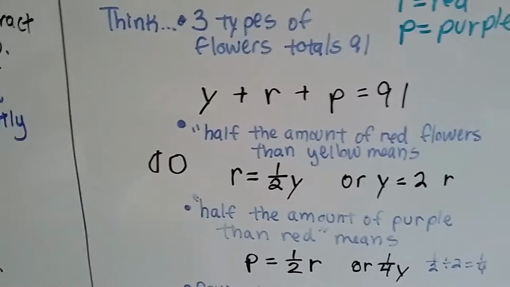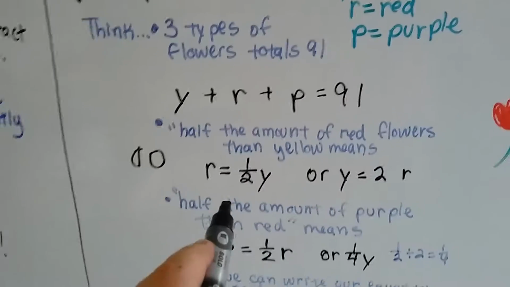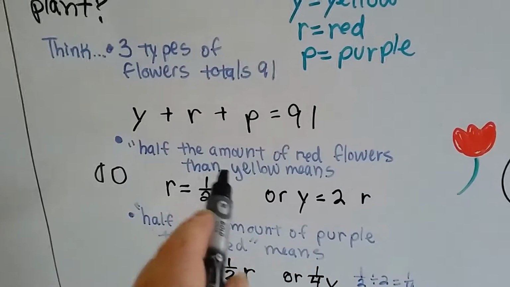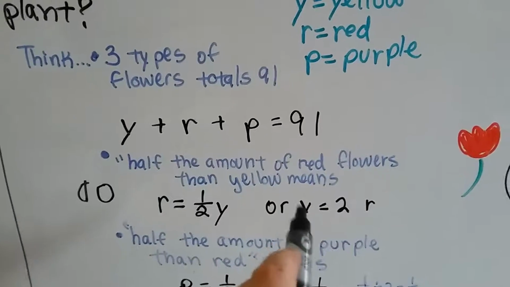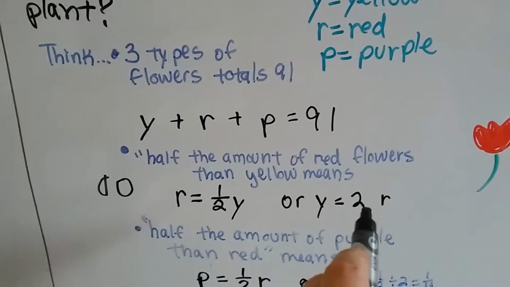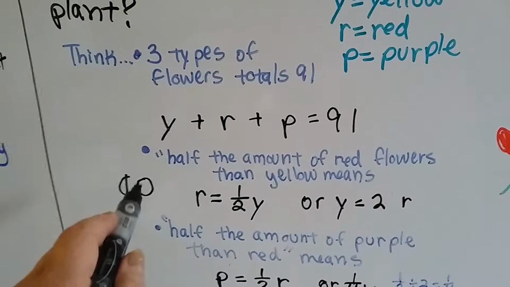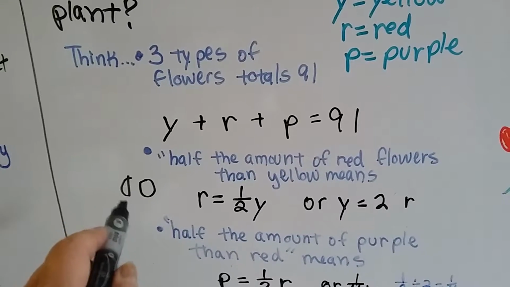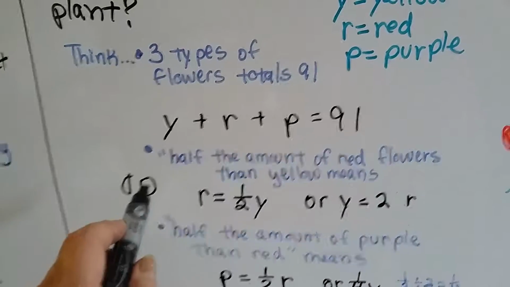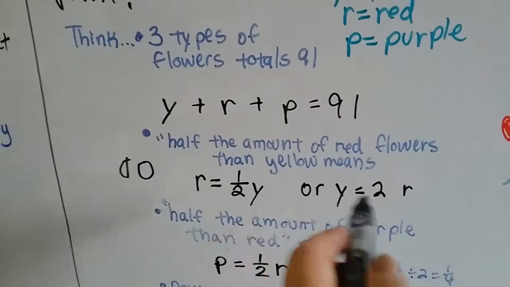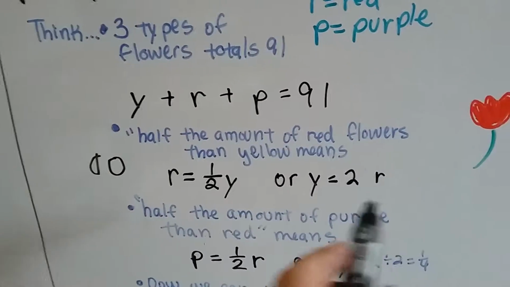We can also write it that if the reds are half the yellow, then yellow is 2 reds, like 2 halves would make a whole. So we could say the yellow is 2 of these, or the red is half of one of these. Either way, it's going to be correct.